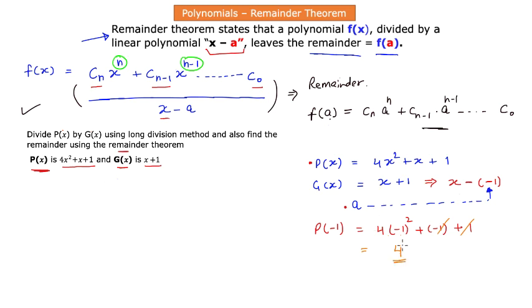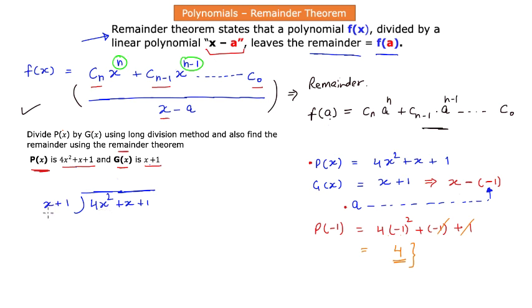Now let us try to compute, can we obtain the same remainder using the long division method. Okay, so now let us apply the long division method of dividing one polynomial by another polynomial. Okay, so your dividend is 4x squared plus x plus 1, and then your divisor is x plus 1, right? And what do you do when you have to divide a polynomial by another polynomial? You take one step at a time. That first you get rid of the very first term in the dividend, right? And you have 4x squared here.